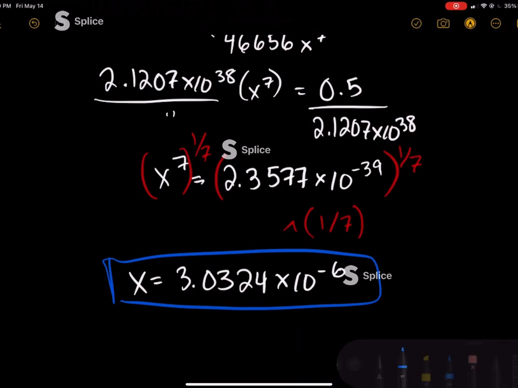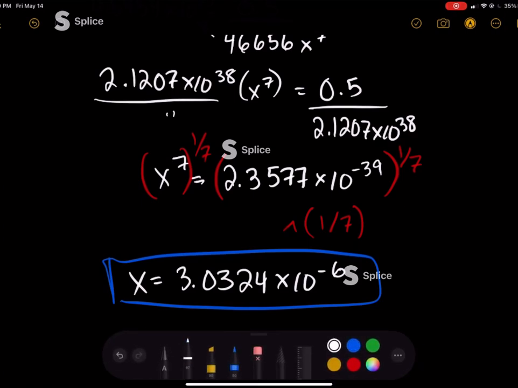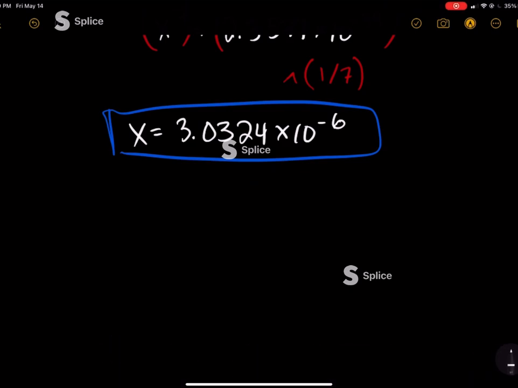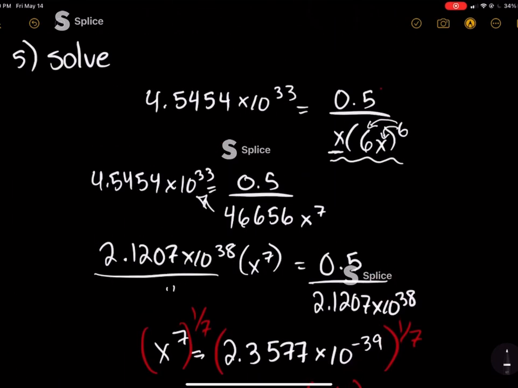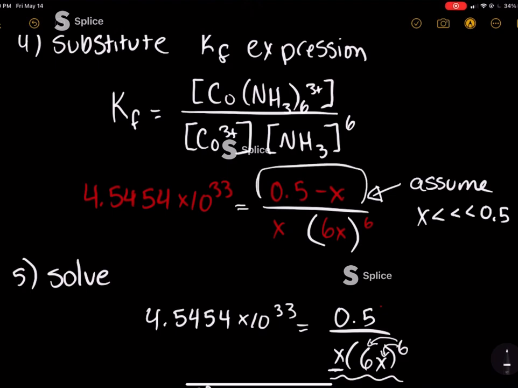But we're not done. There are 2 other things that we need to do first. Step 6, we have to check our assumption. We need to make sure that it is less than 5% of the initial value so that we know that there's not a huge error. So we take this value, 3.0324 times 10 to the negative 6, and divide it by 0.5, because initially this is where we've taken it from.